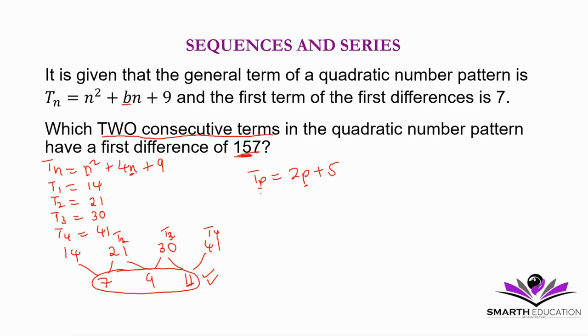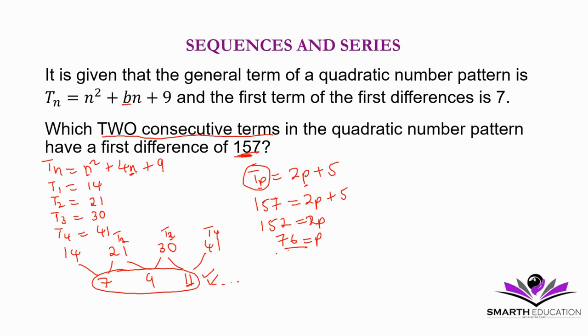So where there's TP, we put 157 is equal to 2P plus 5. Subtract 5 from both sides of the equation. 152 is equal to 2P. Divide by 2 on both sides of the equation. 76 is equal to P. So 157 is term number 76.